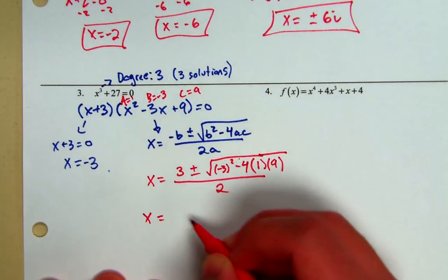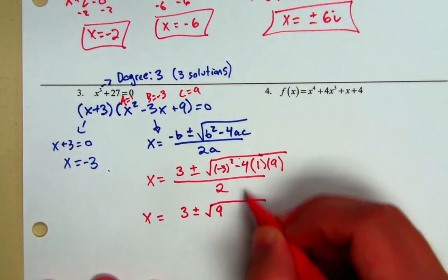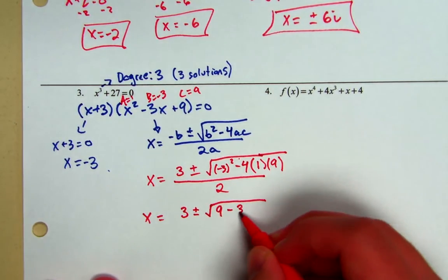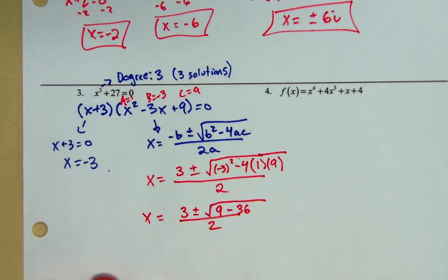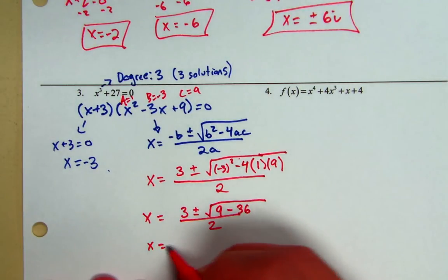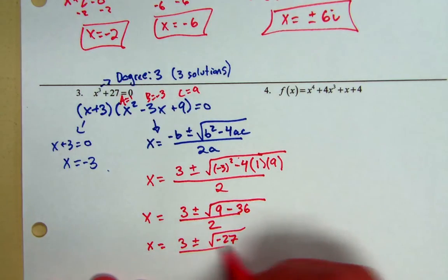So now I've got x. Let's simplify some things. Plus or minus the square root of 9 minus 36, all over 2. So I've got x equals 3 plus or minus the square root of negative 27, all over 2.